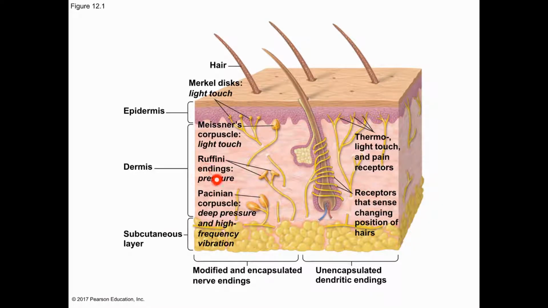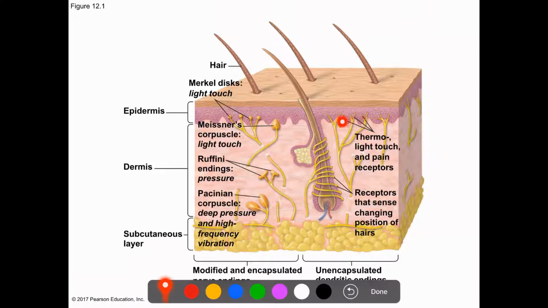Then there are the Ruffini endings. These are for pressure. And then there are the Pacinian corpuscles. These are for deep touch and high frequency vibration. Now, again, the difference is that the nerve ending has a capsule surrounding it. So these are the encapsulated. Whereas here, these are free nerve endings. There is no capsule surrounding them.